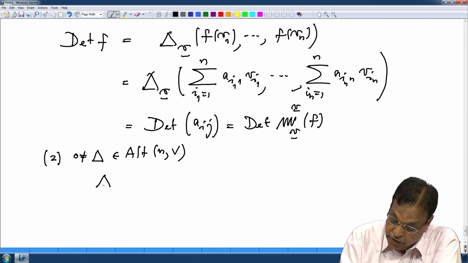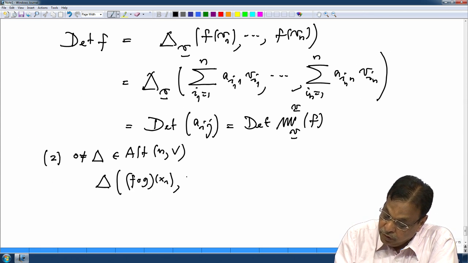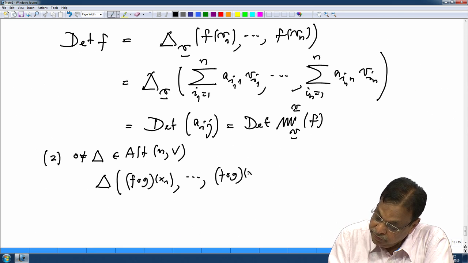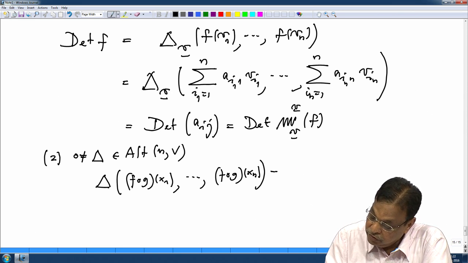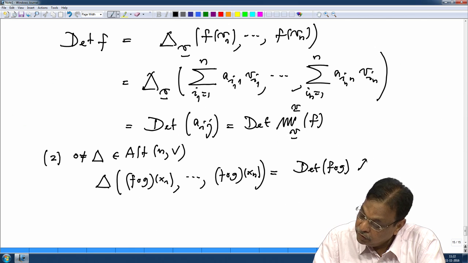So, when I apply, for any tuple x1 to xn, f composite g on x1 up to f composite g on xn, what comes out is the determinant of f compose g times delta of x1 to xn.